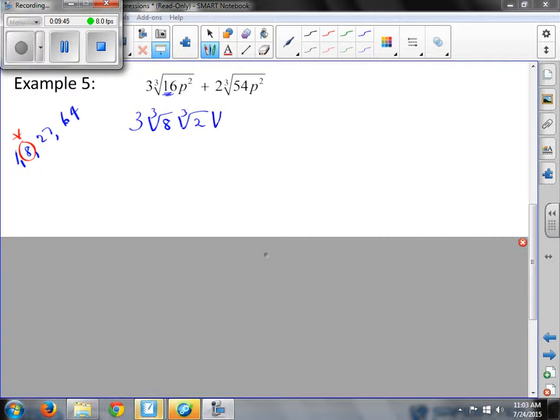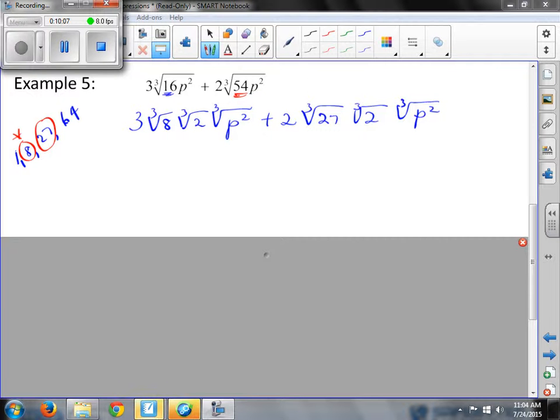And then we have the cube root of p squared plus 2. Now, what cube root goes into 54? Which one would be 27, wouldn't it? 27 goes into 54, so I have the cube root of 27 times 2 is 54, times the cube root of p squared.